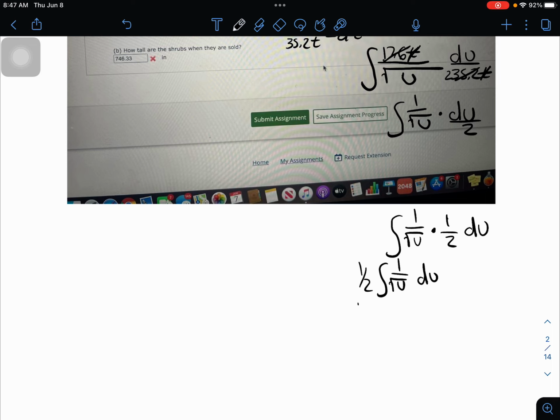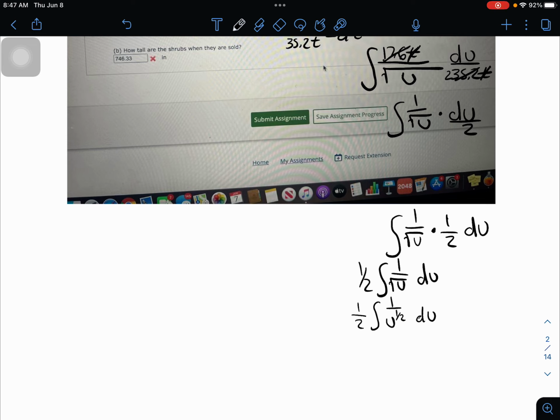I'm going to have 1/2. That's still out front. And then I'm going to be integrating 1 divided by u. If I take the square root of u, that's the same as raising it to the power of 1/2. And I got du.